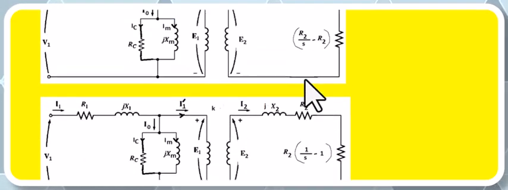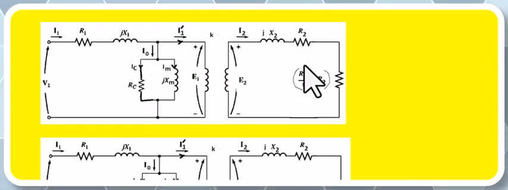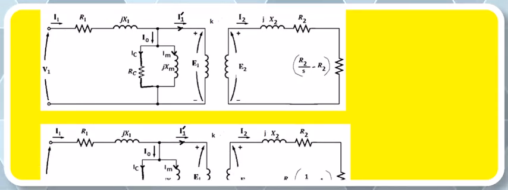Then further, since R2 is there, it can be taken out as common.